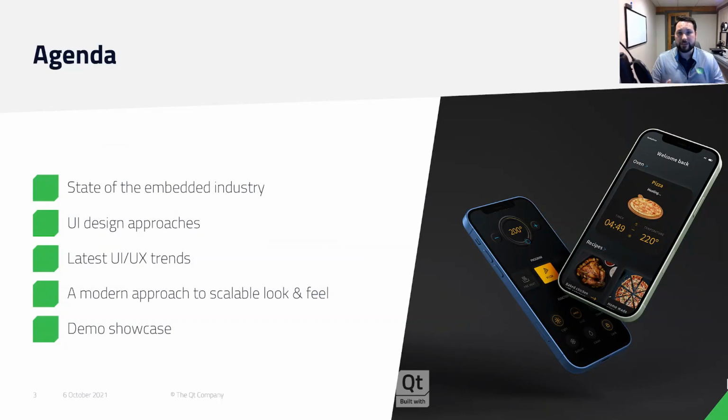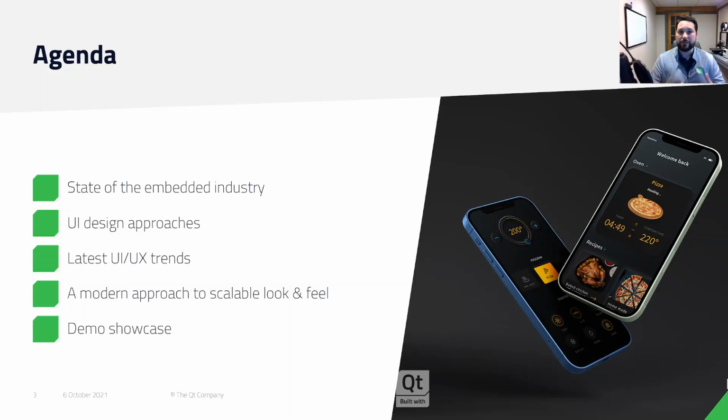So to give you guys a look at the agenda of what I'm going to cover today, I'm going to start with the state of the embedded industry. I'm going to dive a bit into a white paper of a study done by Forrester, commissioned by Qt from May of this year. Then we're going to look at the different UI design approaches across a variety of platforms.